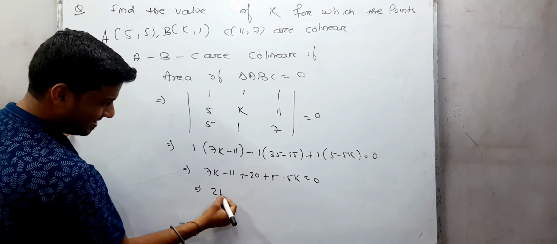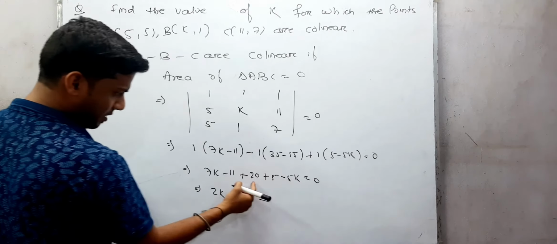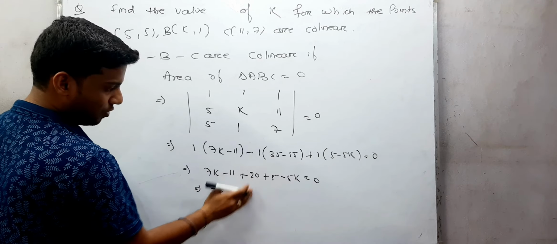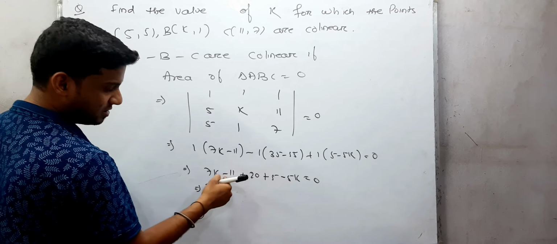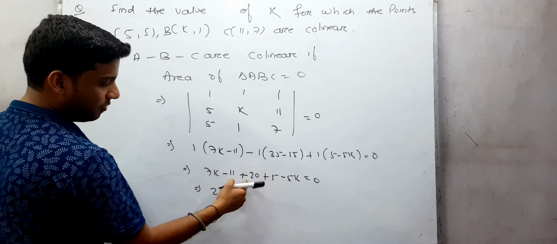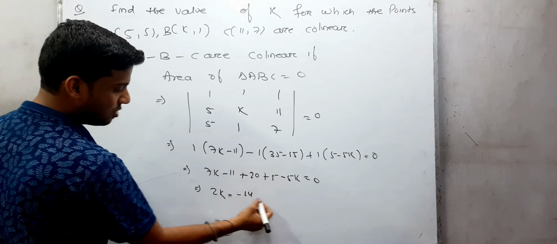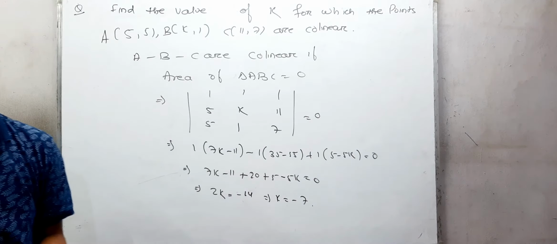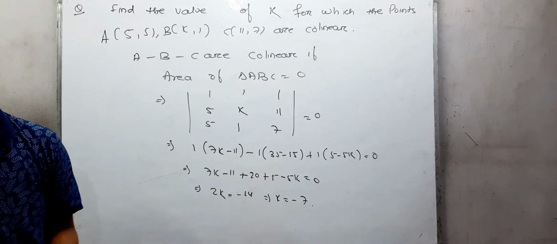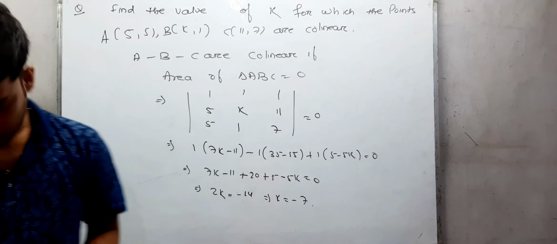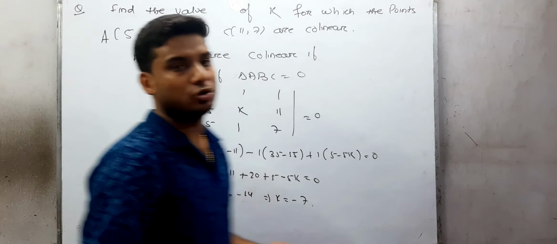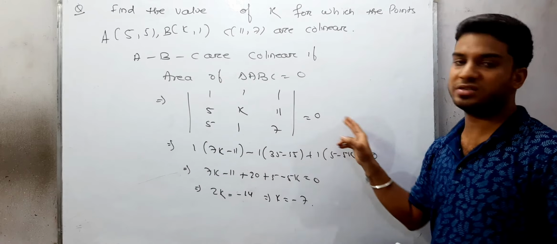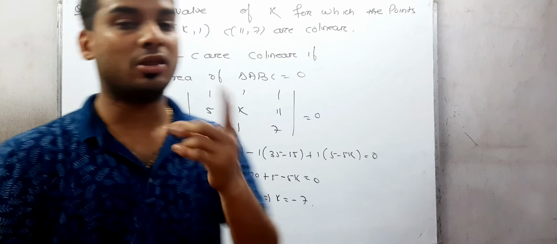That is 2k plus 14 is 0, so I get k is equal to minus 7. We have got the value of k equal to minus 7. Simple thing, we just have to take the area of the triangle ABC as 0.